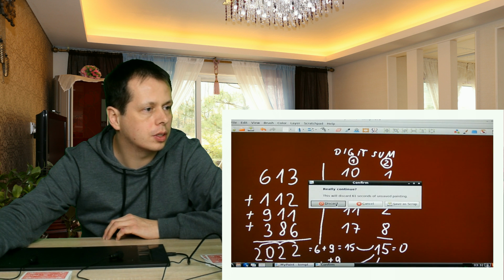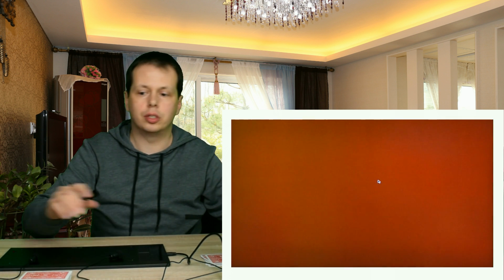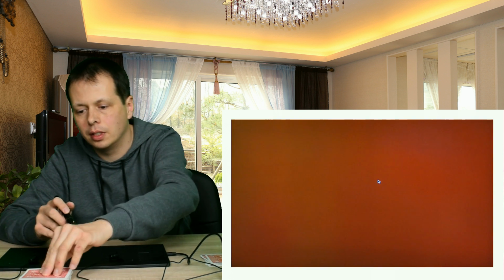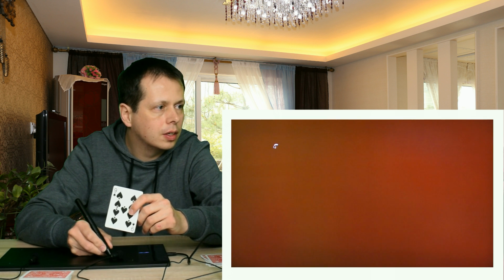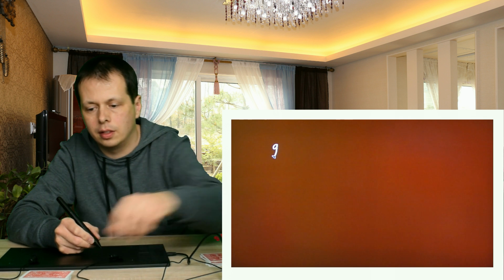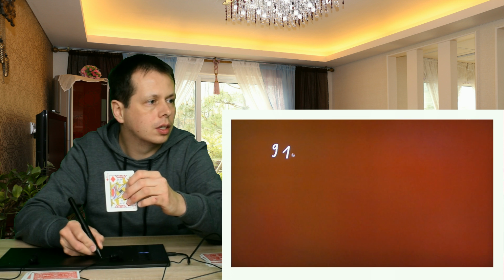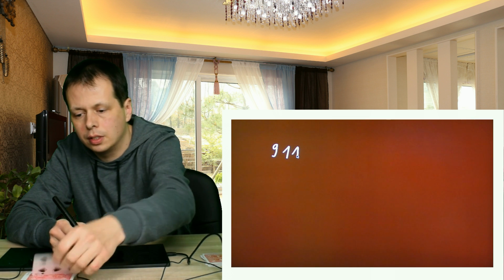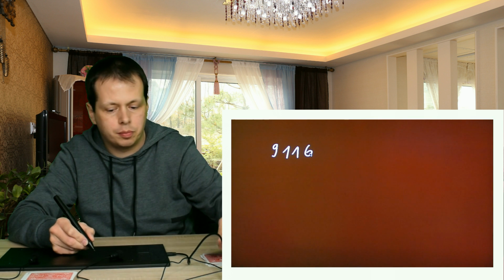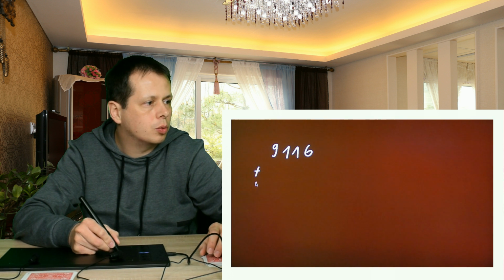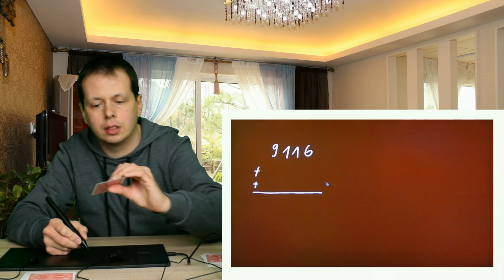Maybe with 4-digit numbers, and this is the 9, and Jack is 11, 6, and we add 2 more numbers.